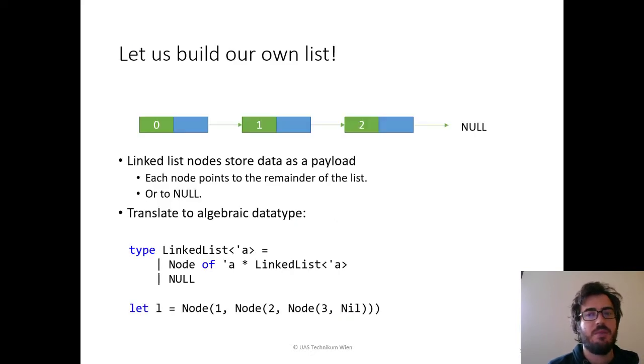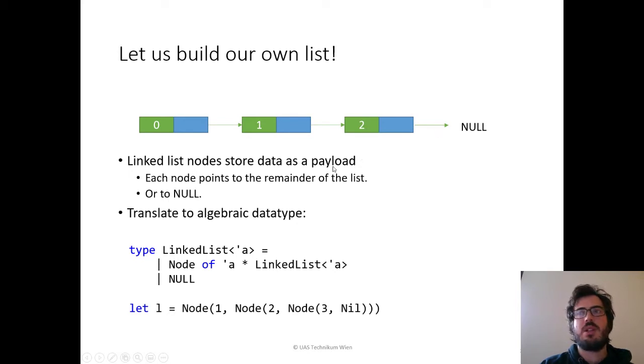And let's see where we get. What's the simplest list we can think of? The simplest list is just a linked list where we have singly linked list nodes, where we have the first node here, which has as a payload 0. Then we have the second node, which has 1, and then we have the third, 2, and then we have a pointer to null.